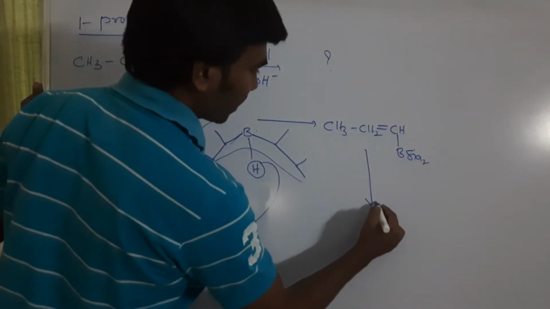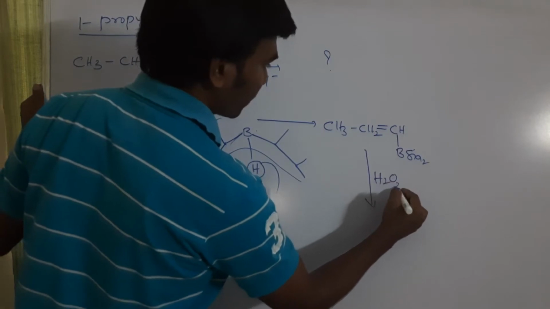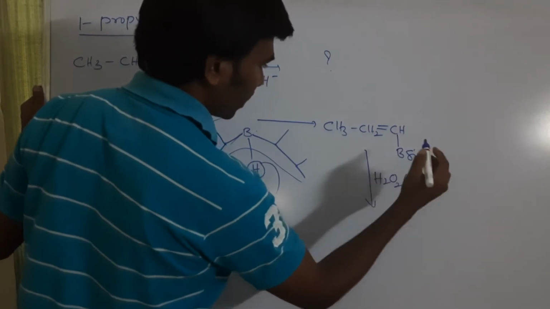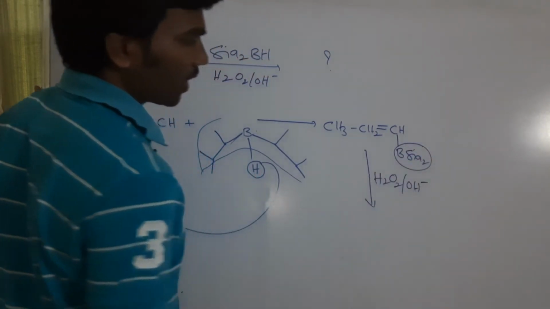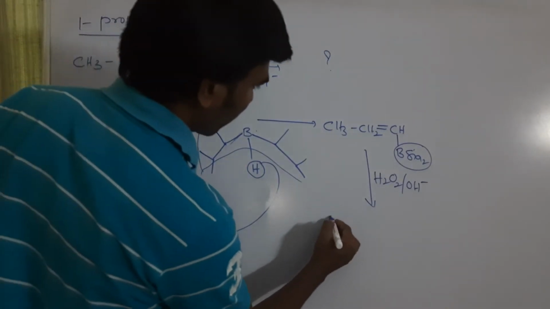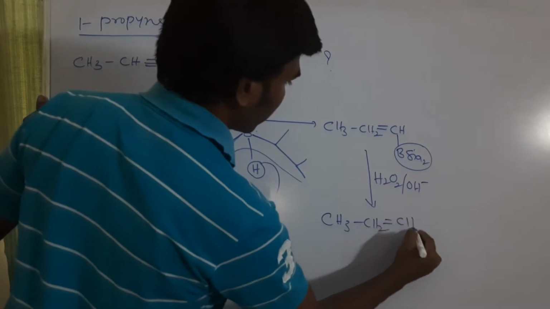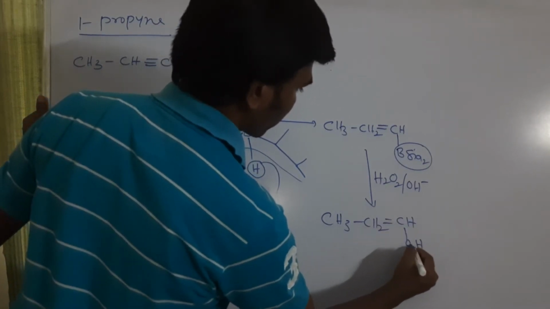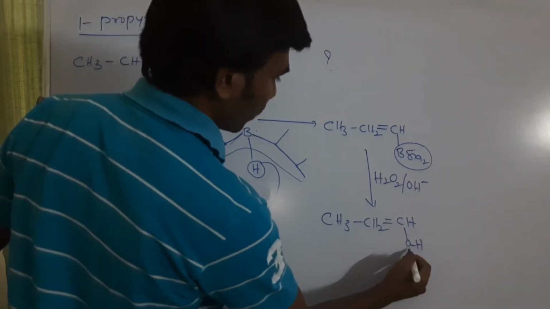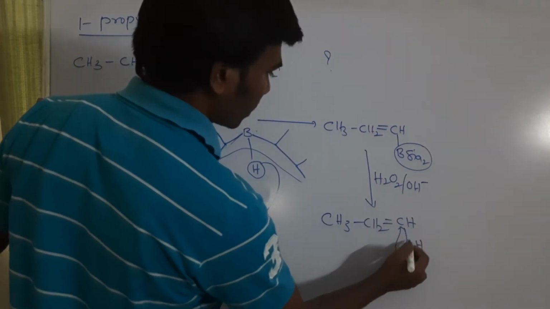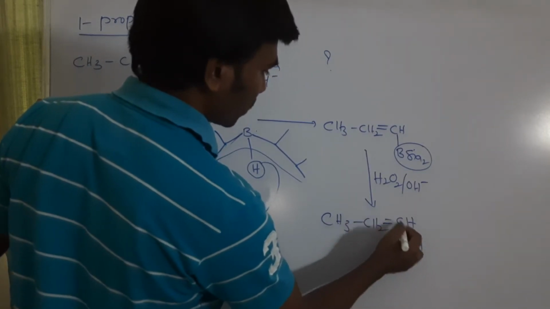When it is reacting with hydrogen peroxide in presence of OH minus, this boron group will be converted to OH, alcohol. So CH3, CH2, double bond and CHOH it will form, like this. This OH group's lone pair of electrons will shift onto this carbon.